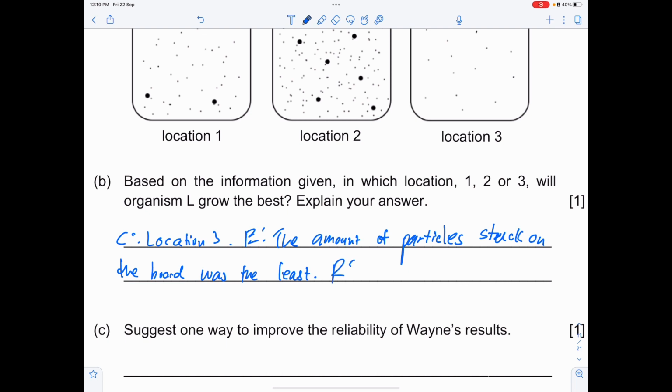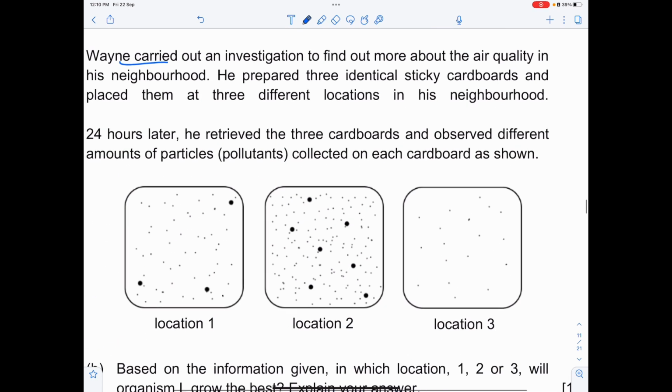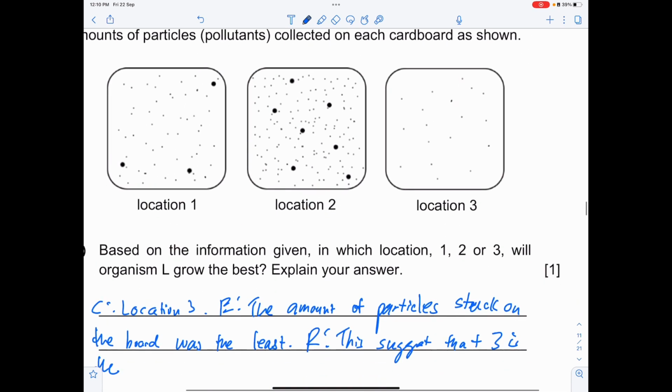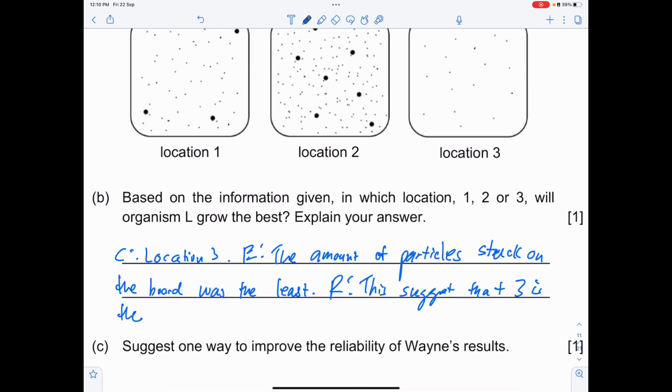Reason, what does this suggest? This suggests that location 3 has the least polluted air. Okay, done.